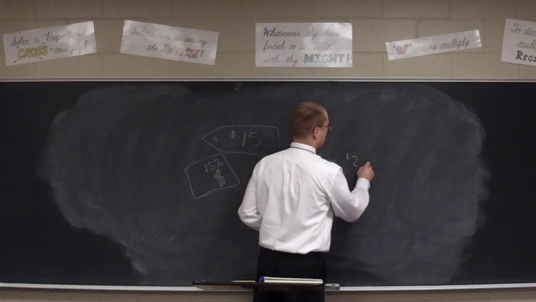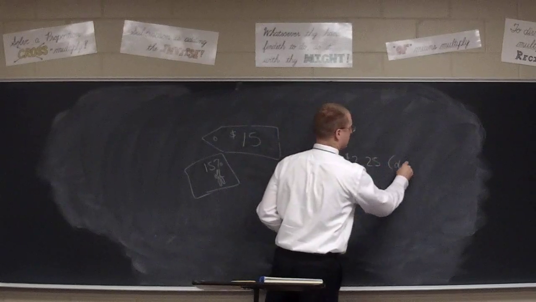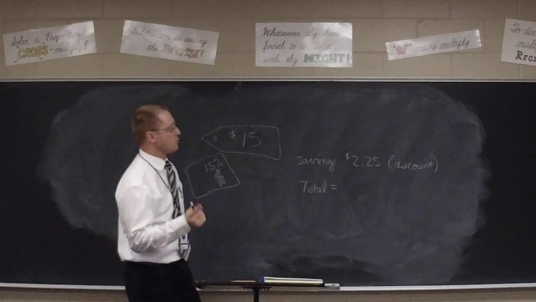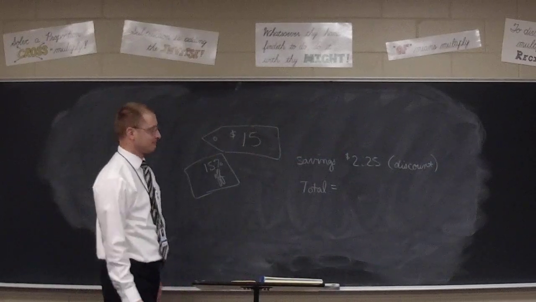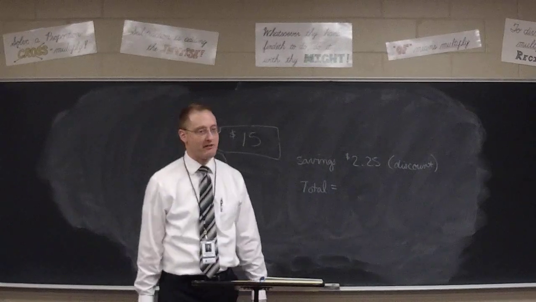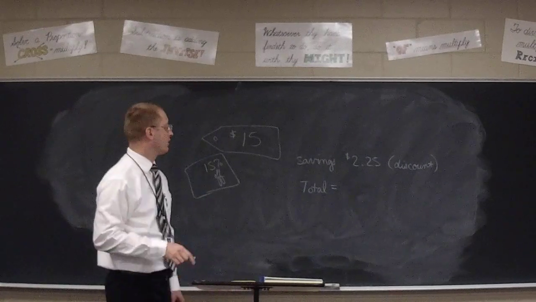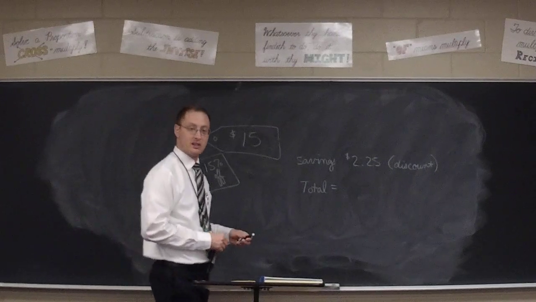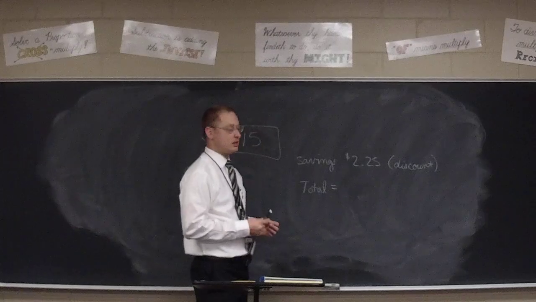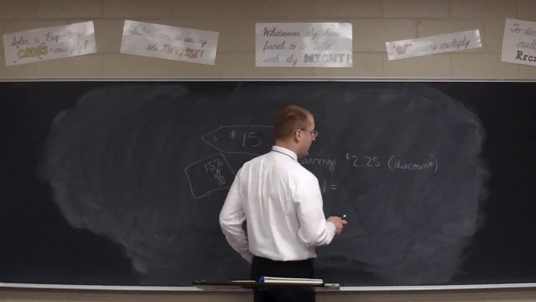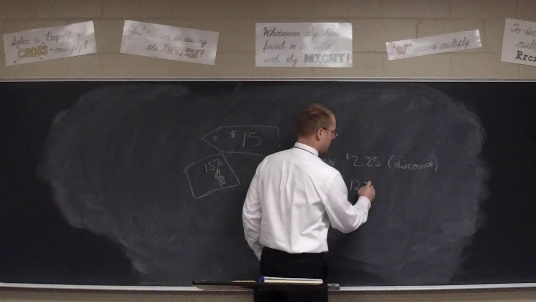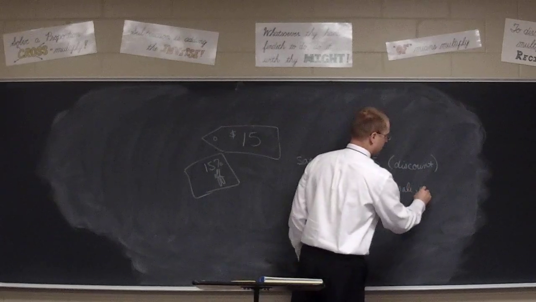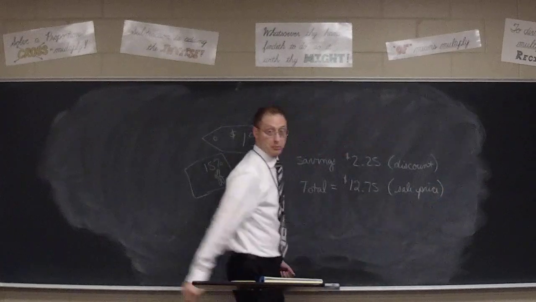Good, you save $2.25. We call this the discount, right? But how much do you have to pay? You save $2.25, how much do you actually pay for this $15 thing, whatever it is? Lana? $12.75. Good, $12.75 is how much you pay. This is called the sale price. Questions on discount and sale price?